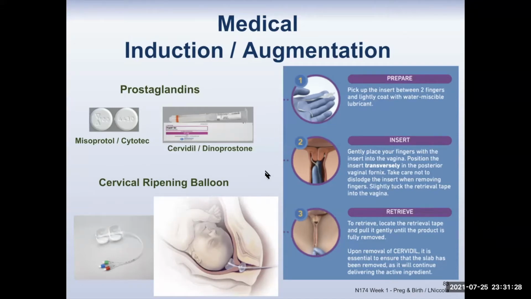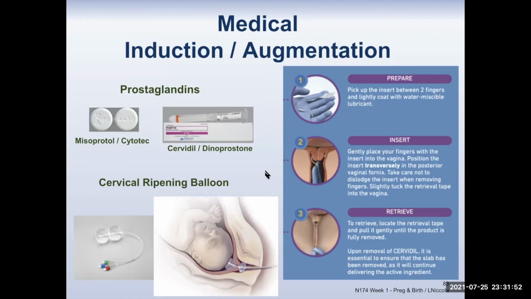Think about this. What do we take, ladies, when you have a period and you want to stop that horrible cramping? We take antiprostaglandins to stop that: Advil, ibuprofen, some of the prescription ones. So for labor, we want to induce those contractions.